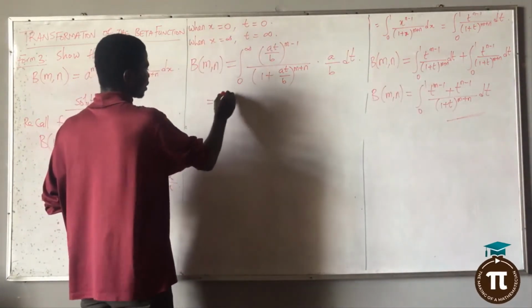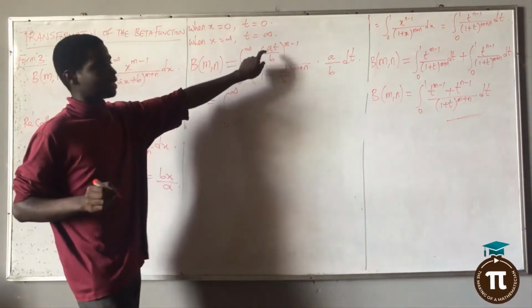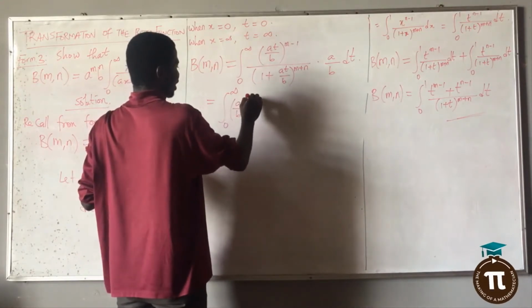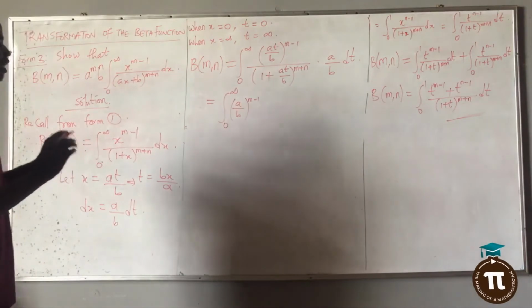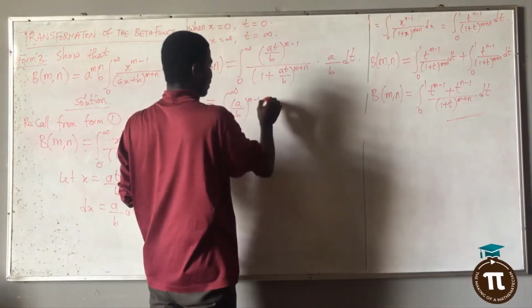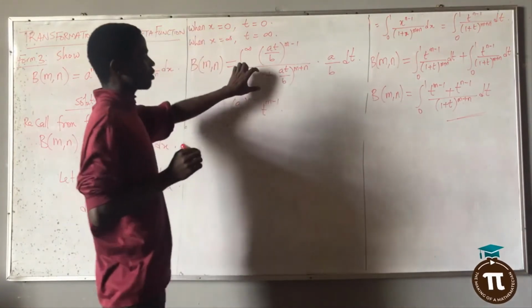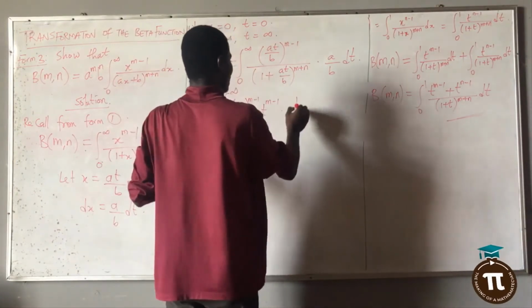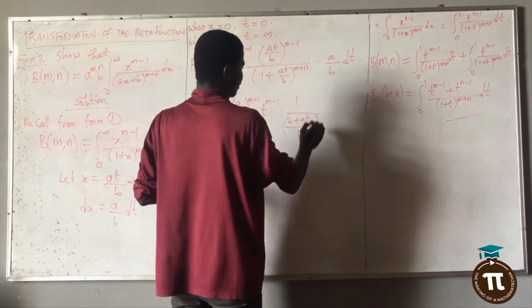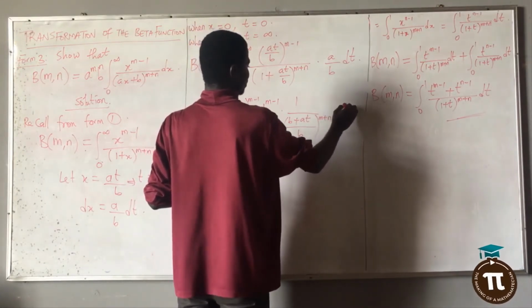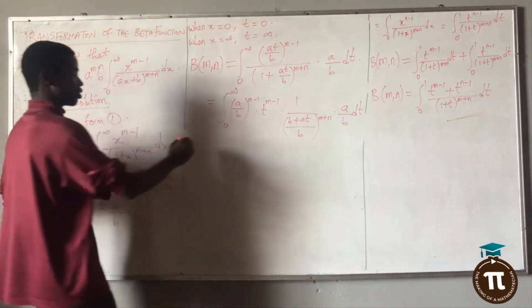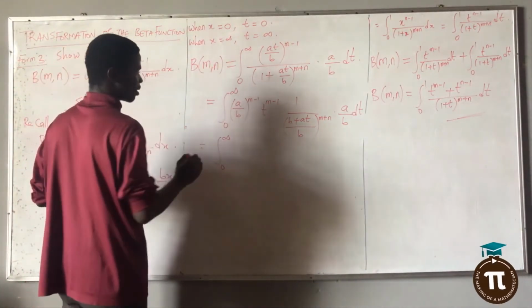So at the end of the day, this will be equal to the integral from 0 to infinity of a over b raised to the power of m minus 1, multiplied by t raised to the power of m minus 1, then over (b plus at) all over b raised to the power of m plus n, then multiplied by a over b dt. That's what we are going to have. So this will be equal to the integral from 0 to infinity.